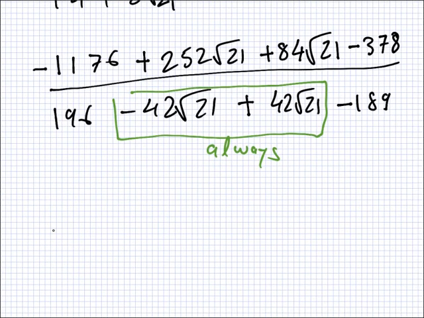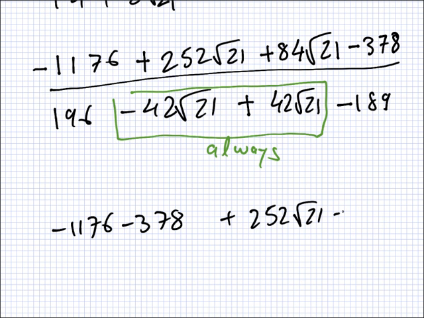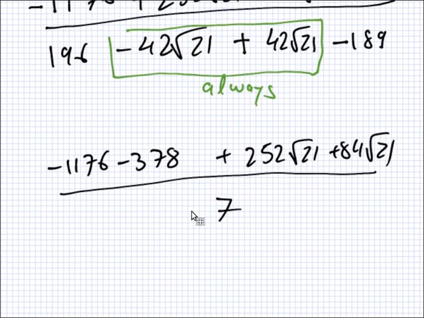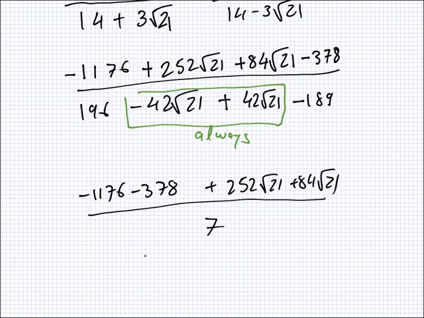On the top, you're left with minus 1176 minus 378, plus 252 root 21 plus 84 root 21. And then 196 minus 189 is 7. Together, the top is minus 1554 plus 336 root 21.